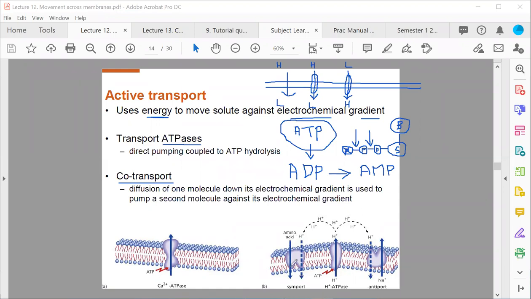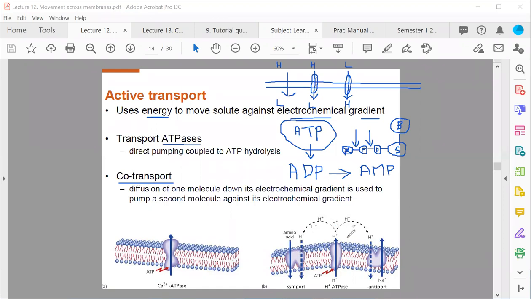Now, what drives the movement of amino acids in the same direction through the same membrane transporter is the energy provided by this movement of protons. And this particular type of active transport protein here, which transports both the protons and the amino acids in the same direction across the membrane, is called a symporter, or simply symport.